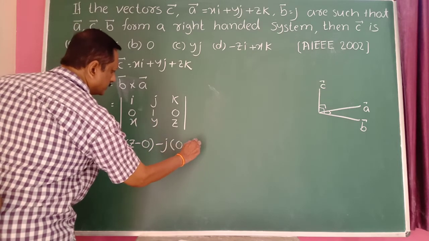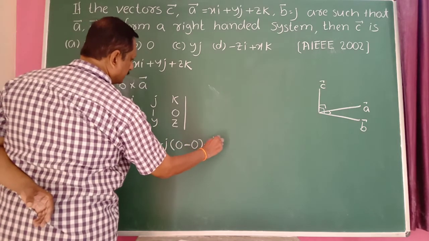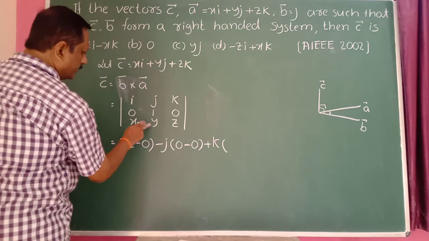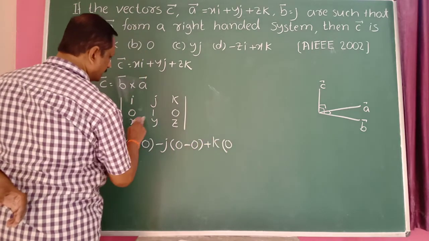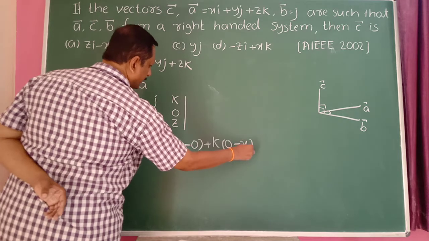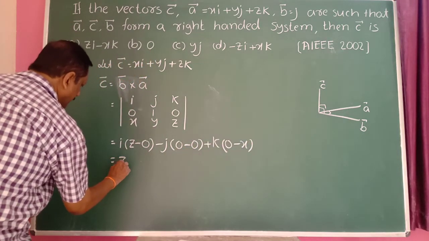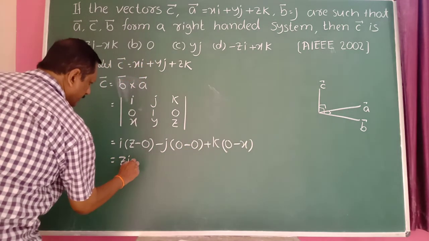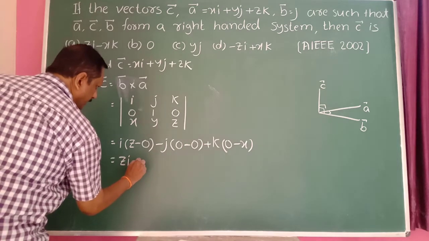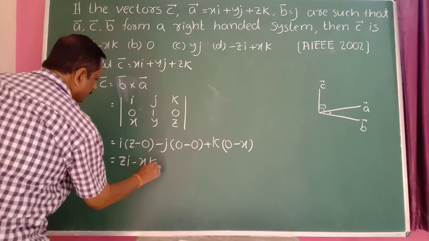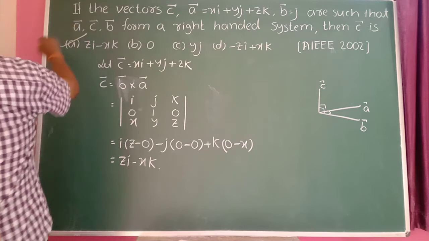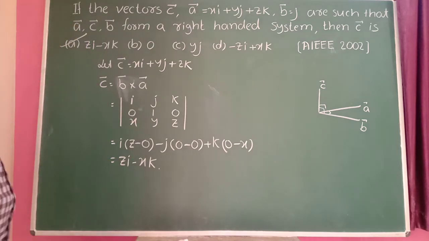Both terms are 0 here. Then plus k into 0 into y becomes 0, and x into 1 becomes x here. So therefore, this is equal to zi minus xk. First option is correct.